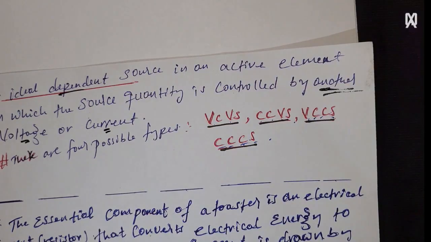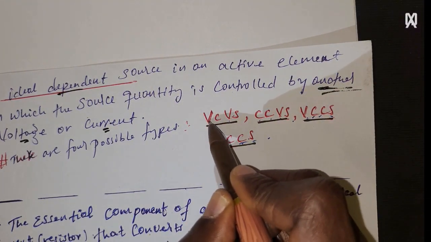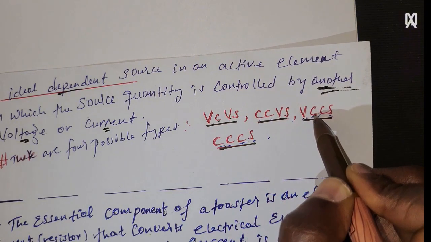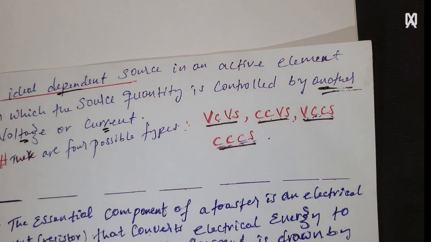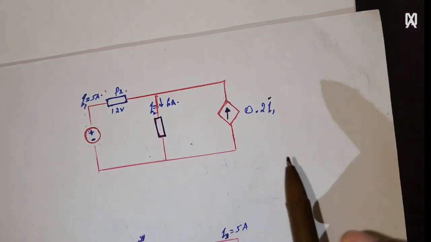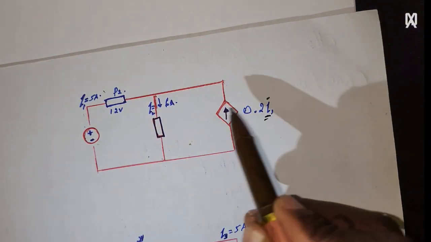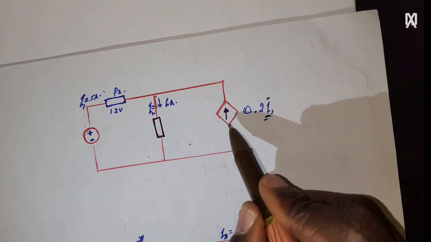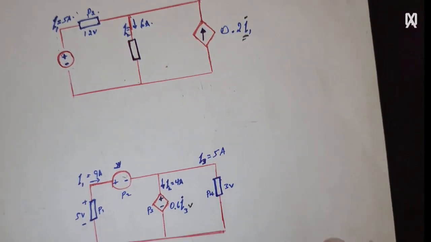There are four possible types: voltage controlled voltage source, current controlled voltage source, voltage controlled current source, and current controlled current source. In this example, this one is controlled by I1, so it is a current controlled current source, a dependent source.